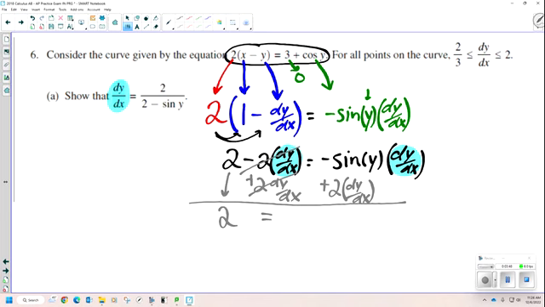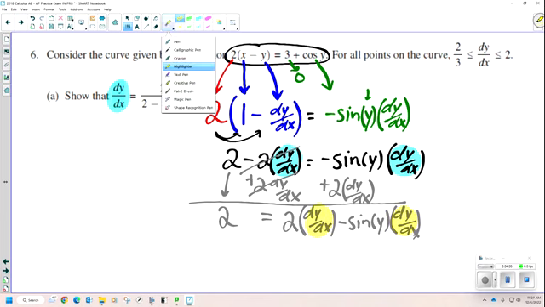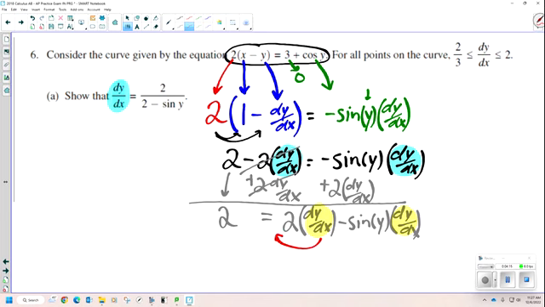And I have 2 dy/dx minus sine of y dy/dx. Okay? Now, look, this is beautiful. These are both on the same side. It's good. So what I'm going to do is factor this out like it's a GCF.